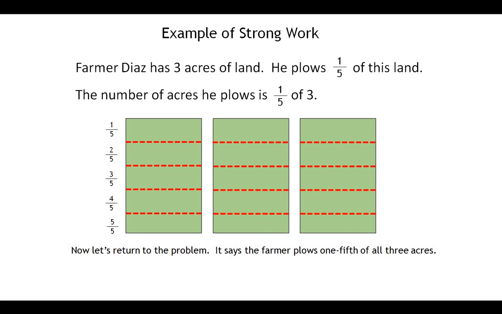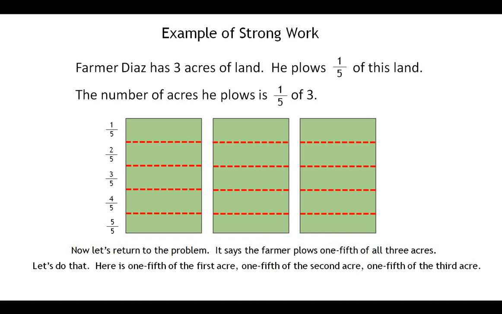Now let's return to the problem. It says the farmer plows 1/5 of all 3 acres. Let's do that. Here is 1/5 of the first acre, 1/5 of the second acre, and 1/5 of the third acre.